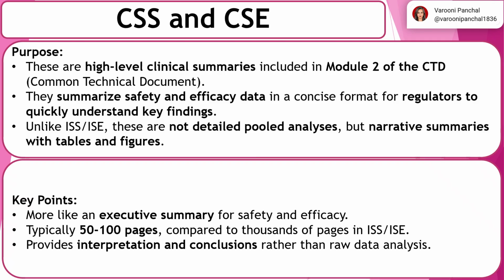It typically includes 50 to 100 pages as compared to 1000 pages in ISS and ISE. Like I said, since it's a narrative summary, it will be a very short description or interpretation. Hence, the pages are fewer as compared to ISS and ISE submission. It provides interpretation and conclusions rather than only the raw data analysis.